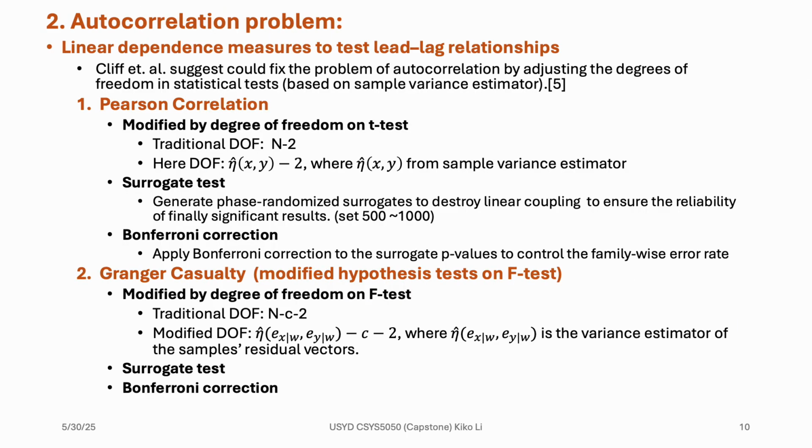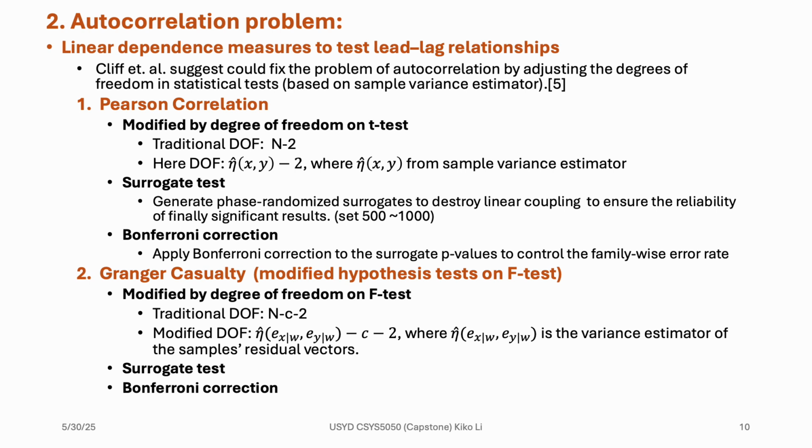For the autocorrelation problem, some methods on linear dependence measures to test the lead-lag relationships are helpful. Cliff suggests we could fix the problem of autocorrelation by adjusting the degrees of freedom in the statistical test, based on a sample variance estimator.